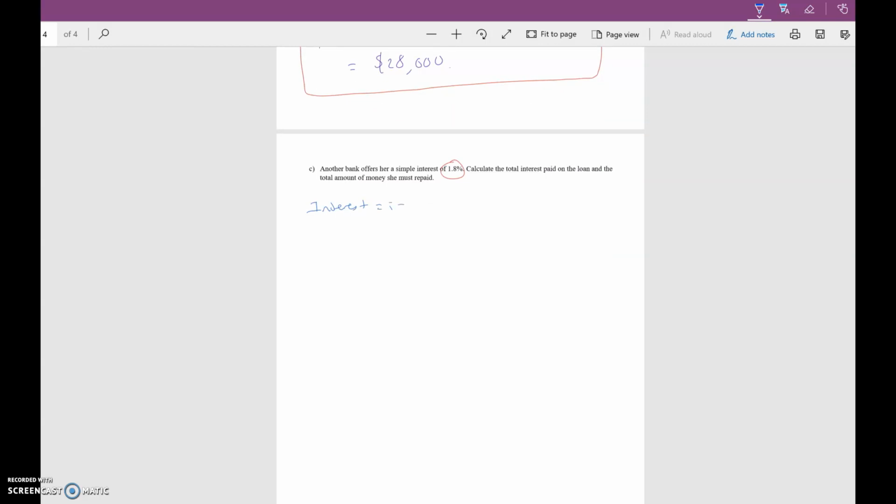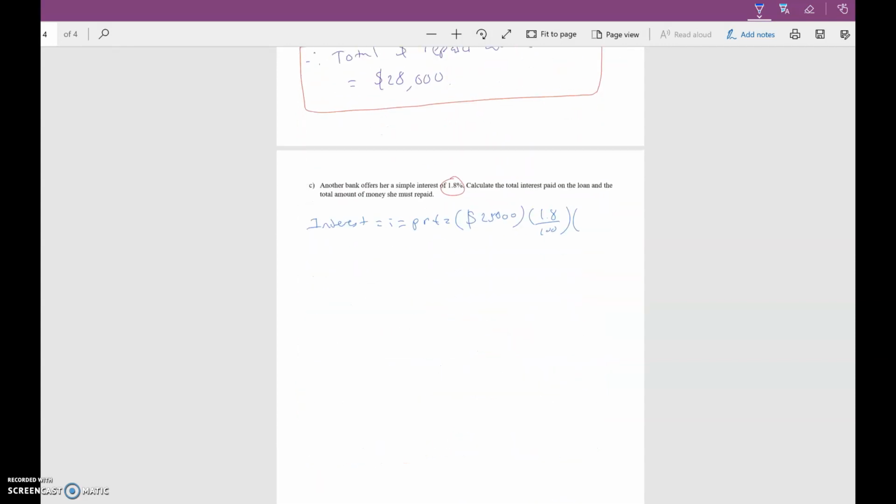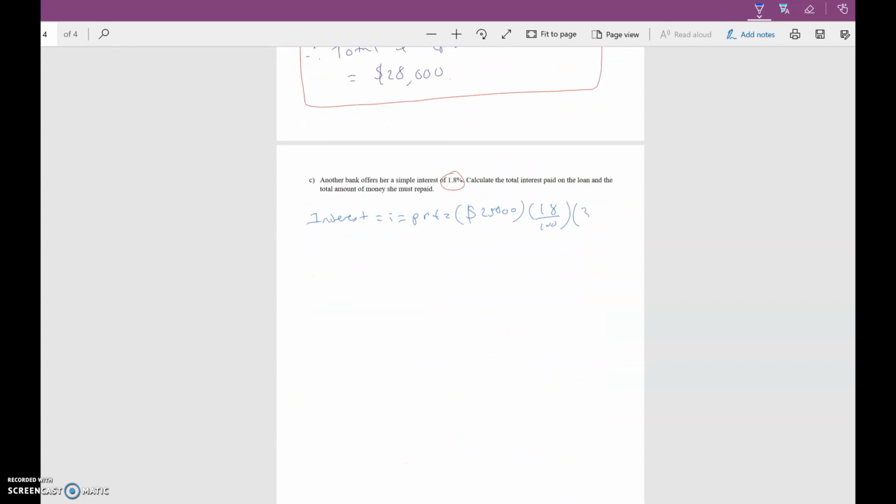this is equal to I, this is equal to PRT. It's going to be equal to $25,000 times 1.8 divided by 100, and it was a 3-year period. So please evaluate this one so we can compare.